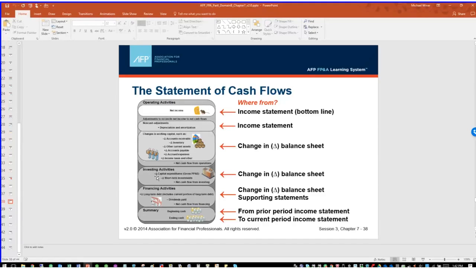Investing activities is cash that flows or is used by investing by the business. And the last section is financing activities, cash that is sourced from or used to reduce financing of the organization. I'm going to go through those two pieces in just a moment. Let me just finish, and then I'll go back and talk a little more about those.